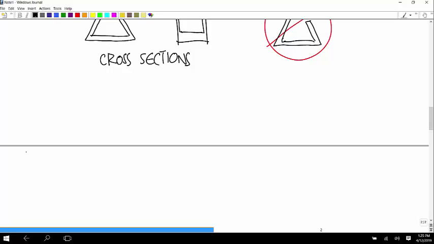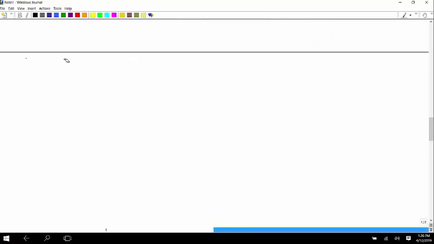It's not as common that you have torque going on at the same time that you have transverse loads going on. So I'm combining all these things together, but normally you either have a beam problem or you have a torque problem. Okay, well, so first we're going to go to cross sections.